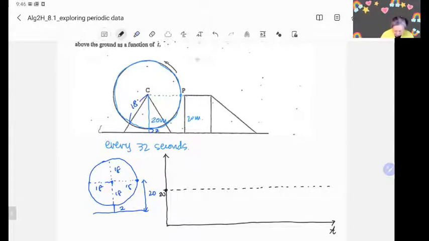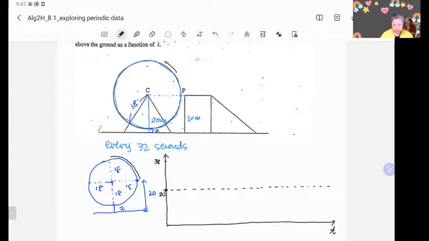As time goes by, it's going to go up, up, up, and hit the maximum. How high is the maximum? From 20 meters, it goes 18 more meters to hit the highest point, so the maximum will be 38, right? And the minimum?